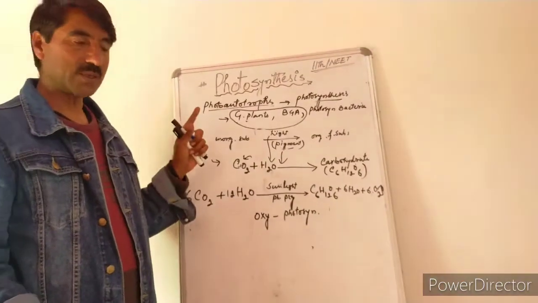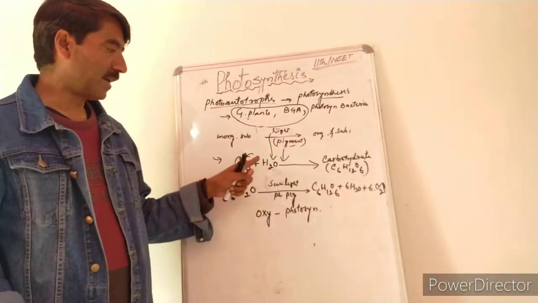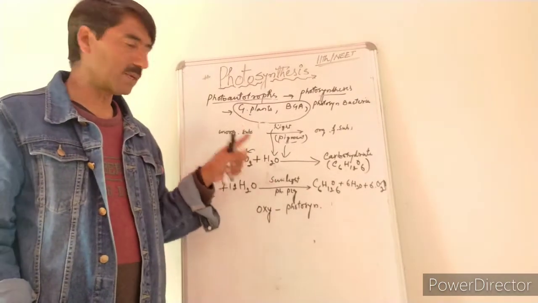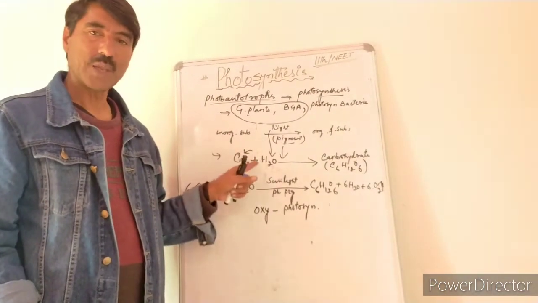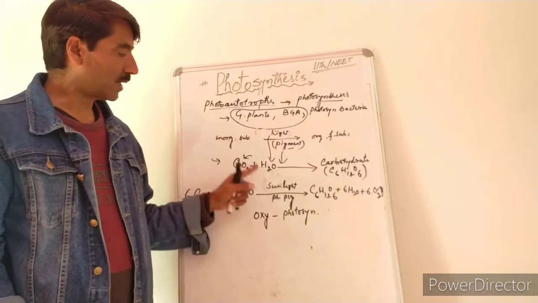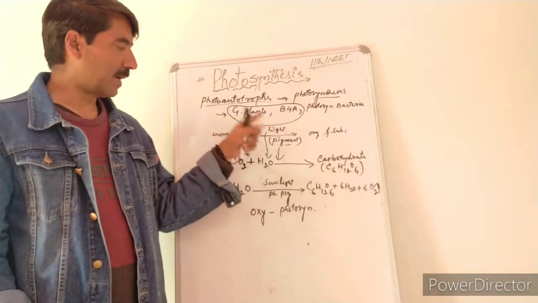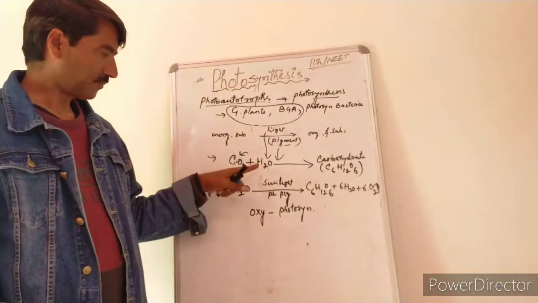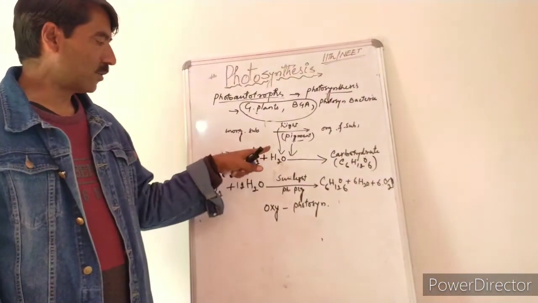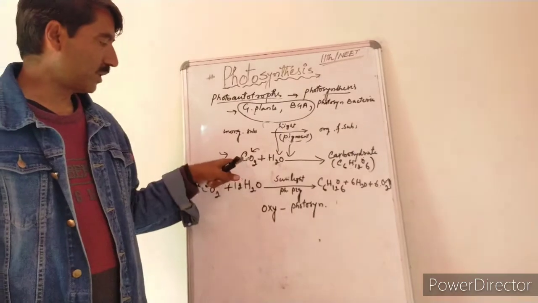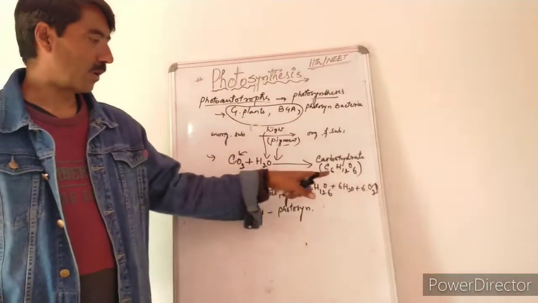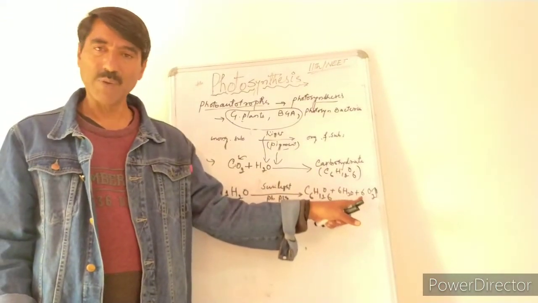In this photosynthesis, the carbon dioxide is reduced to carbohydrates with the help of a reducing substance, and the reducing substance is water. Remember this, here the water is split with the help of the sunlight that is absorbed by these chemical pigments, and the hydrogen is liberated, reduces this carbon dioxide to carbohydrates, and during this process oxygen is liberated as the byproduct.